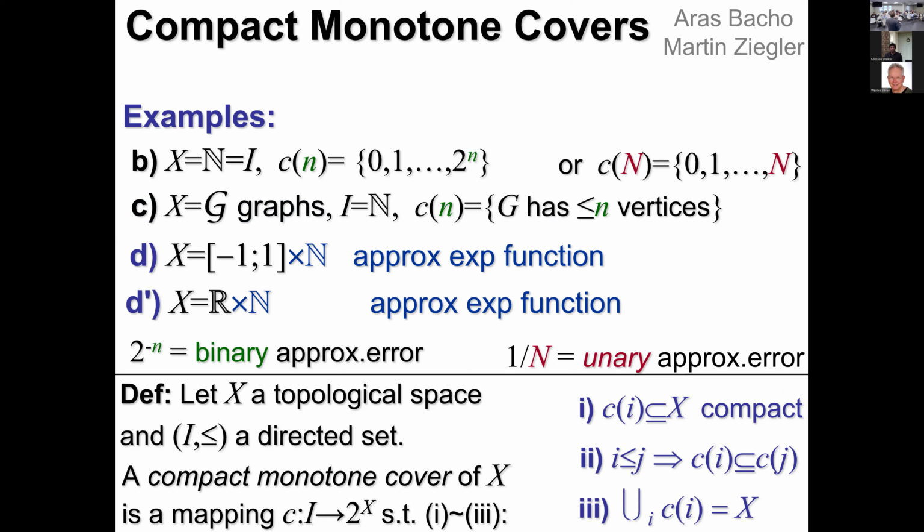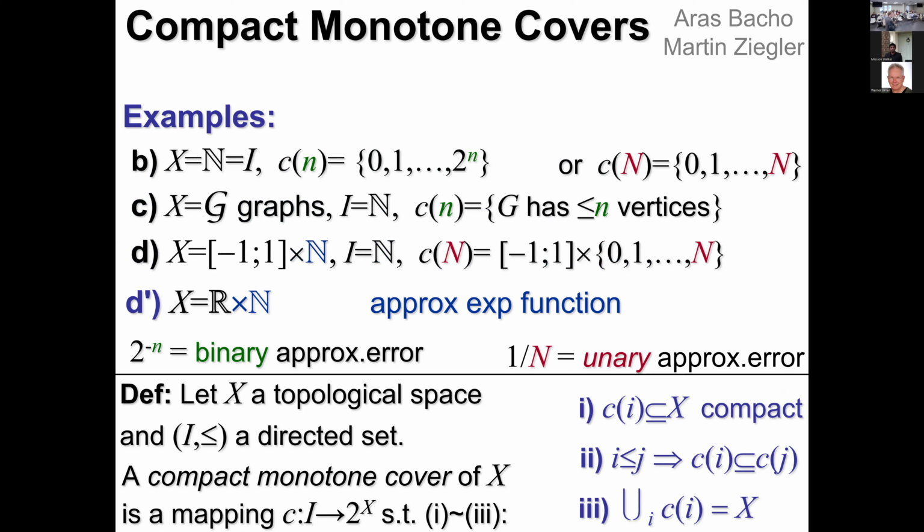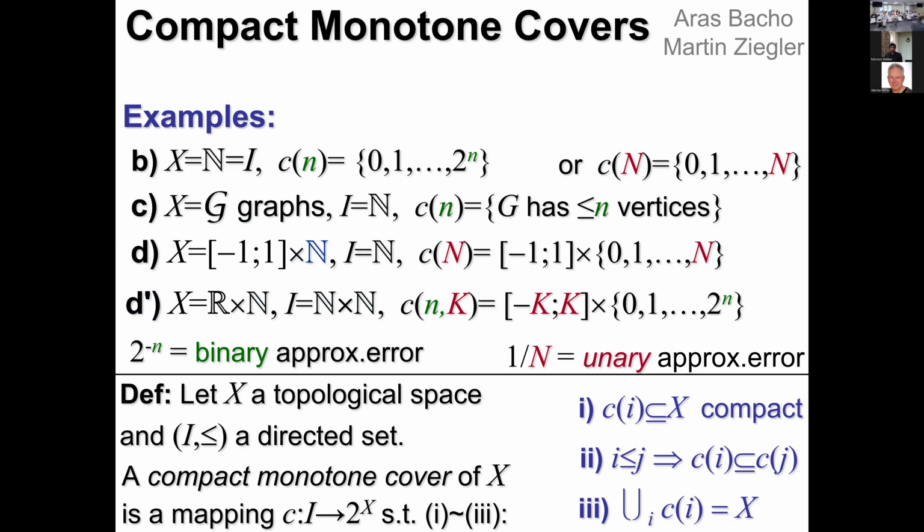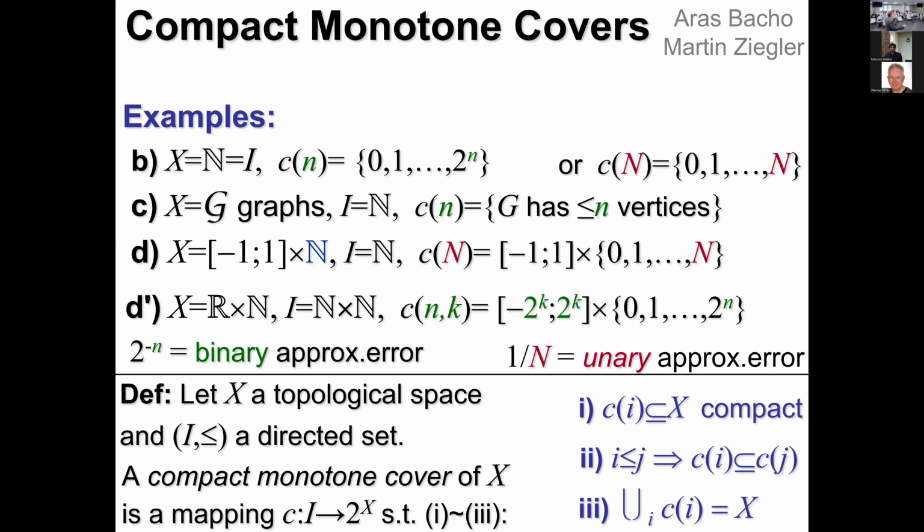When we talk about exponential functions on the real line, we actually have two parameters, right? This means that the directed set, the index set, is now a Cartesian product, which is not totally ordered, but it's still a directed set, a partially ordered set. So this covers what we've seen so far, but our next step is to proceed to the space of continuous functions.